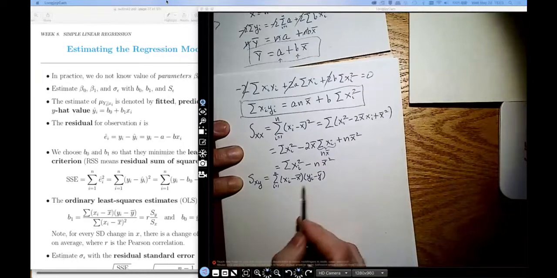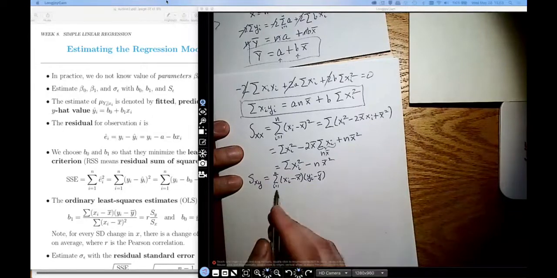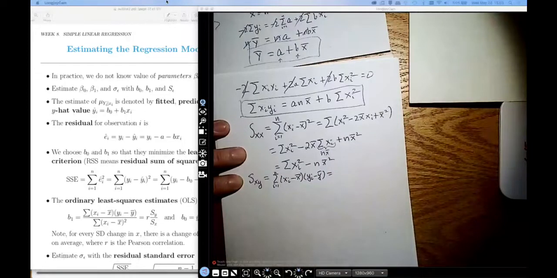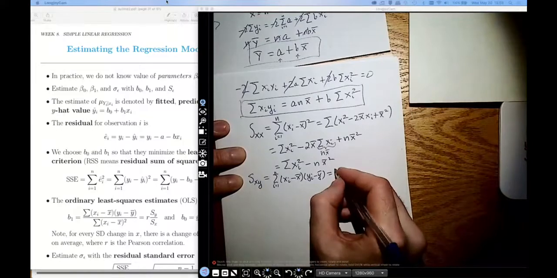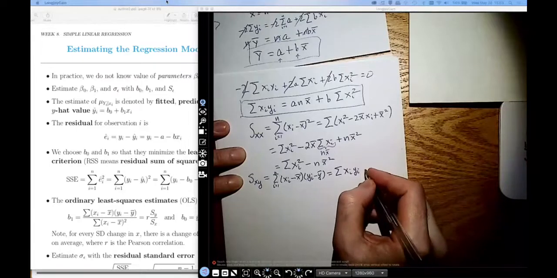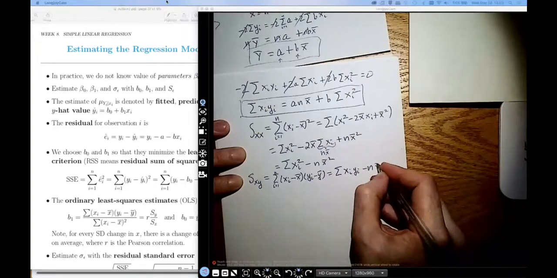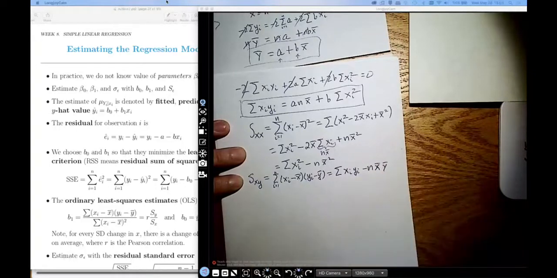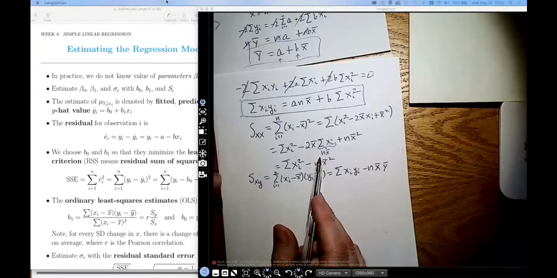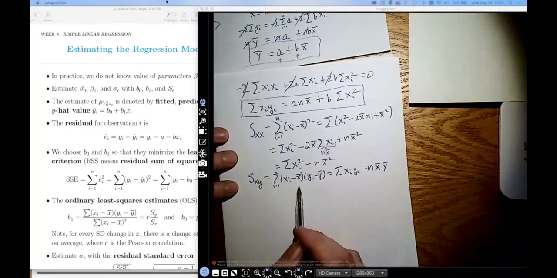And so this is the sum of the centered products of the two variables. Now, I'm not going to do the steps. Maybe I'll leave that as an exercise, but it turns out that you can rewrite this as follows. This is just the sum of xi yi, minus n times x bar times y bar. I'll leave that as an exercise. It's pretty straightforward. You just do what I was doing up here to get that result.